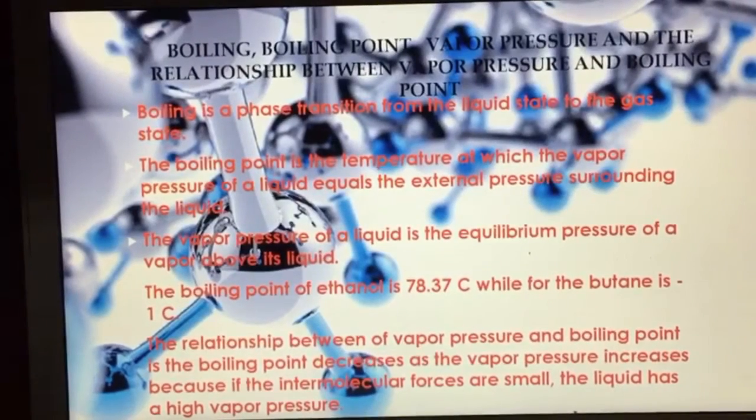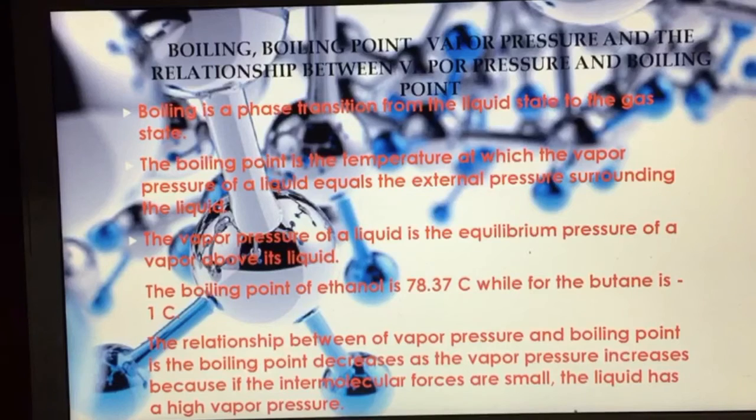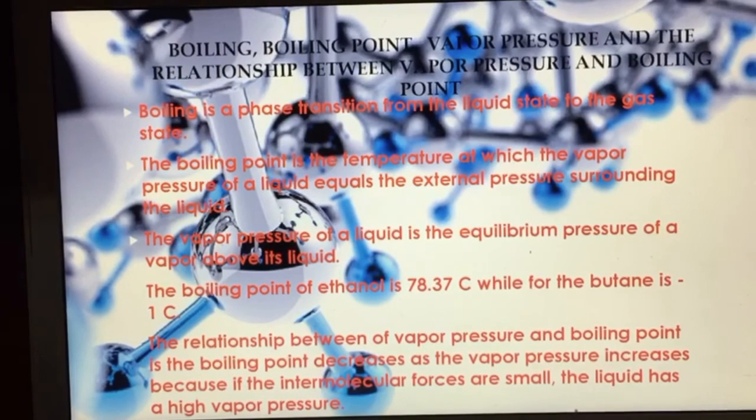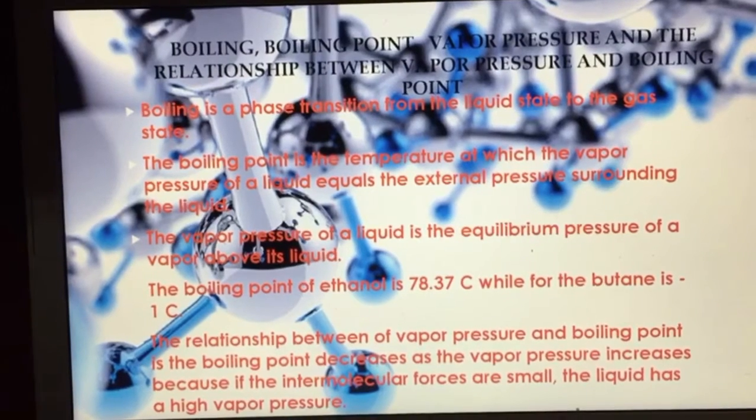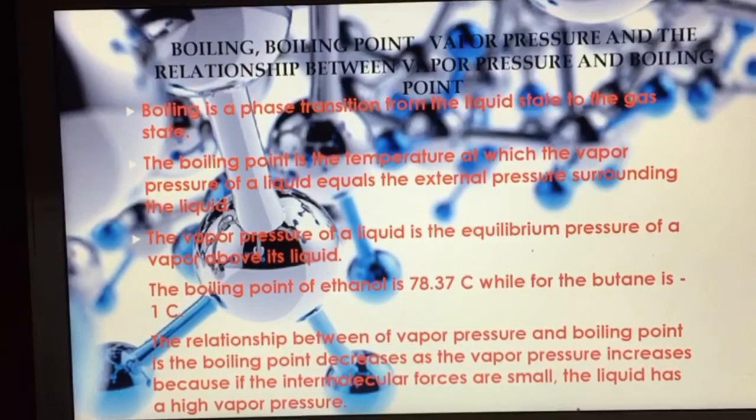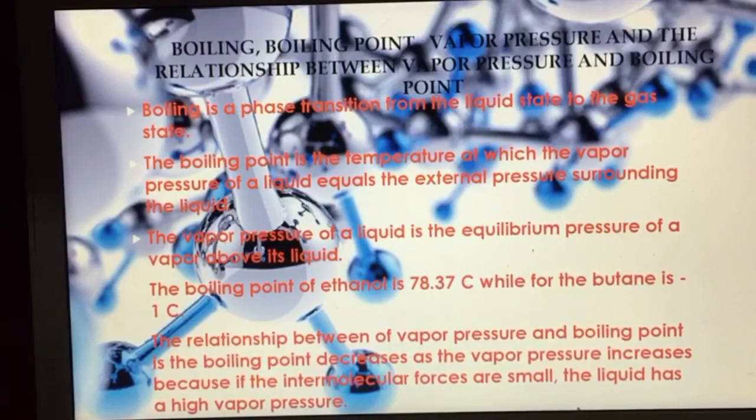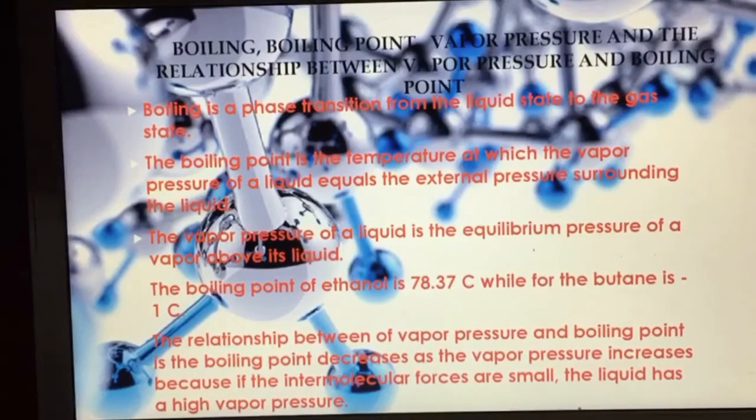Next, the definitions of boiling point, vapor pressure, and the relationship between vapor pressure and boiling point. Boiling is a phase transition from the liquid state to the gas state. The boiling point is the temperature at which the vapor pressure of a liquid equals the external pressure surrounding the liquid. The vapor pressure of a liquid is the equilibrium pressure of a vapor above its liquid.